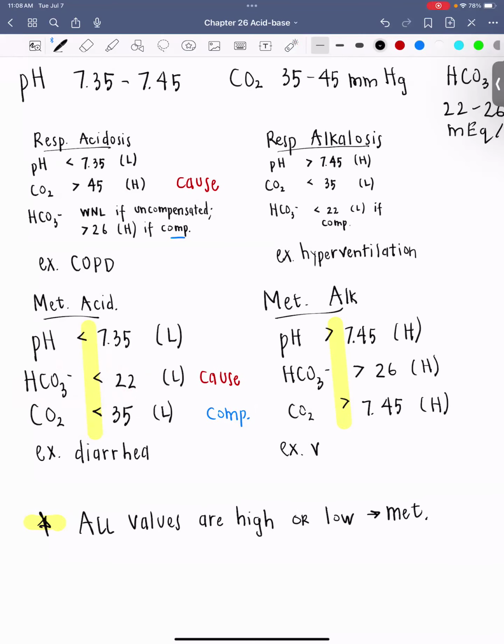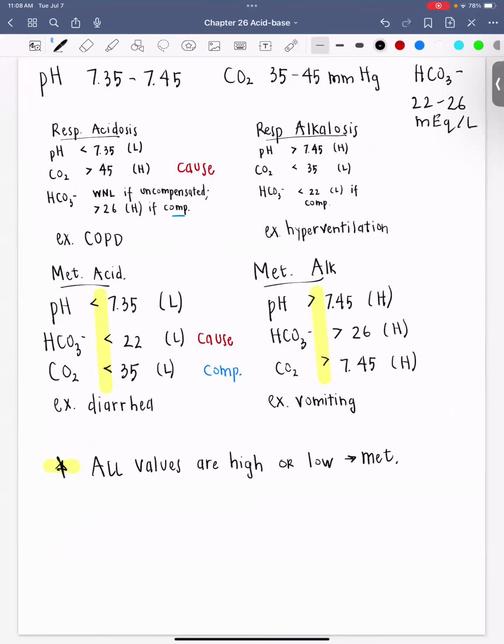And if you have prolonged or excessive vomiting, that removes the gastric contents, which are rich in hydrogen. So that will lead to metabolic alkalosis.